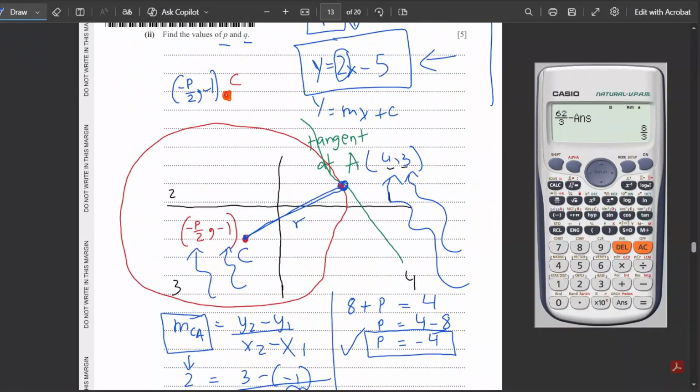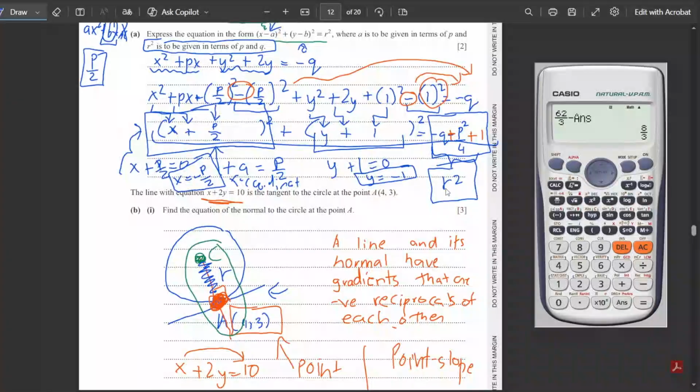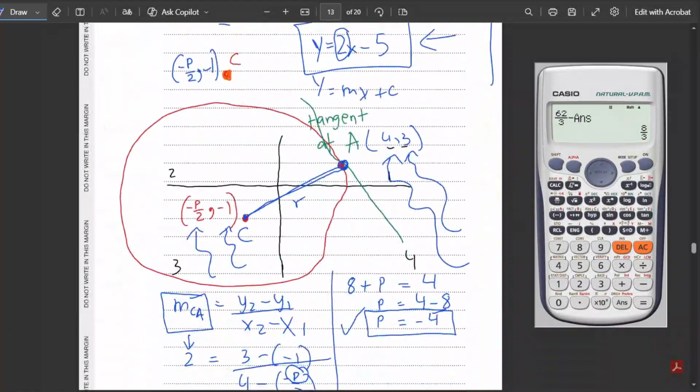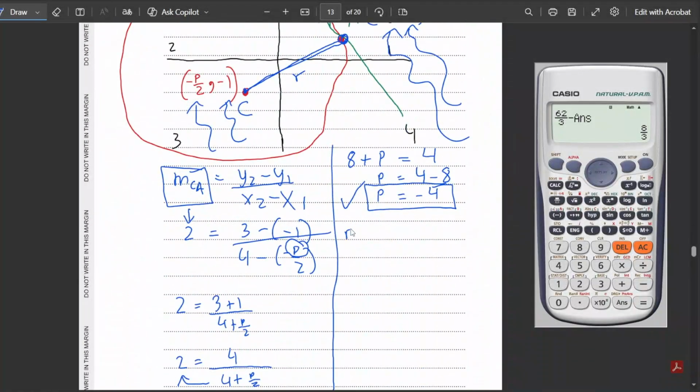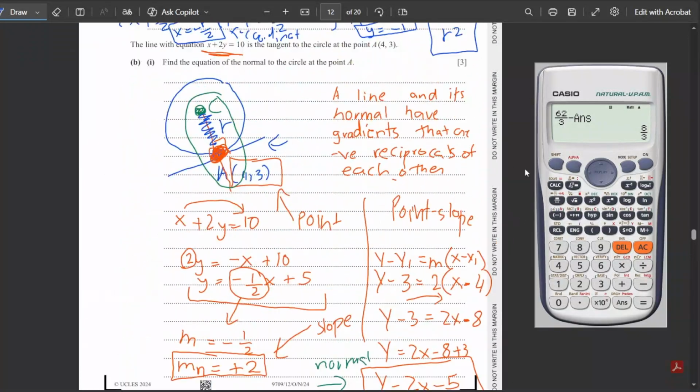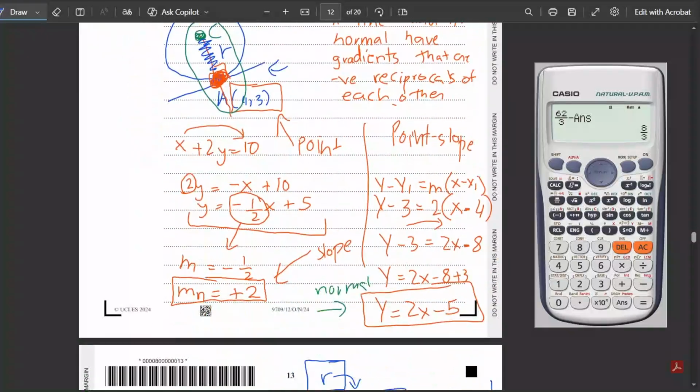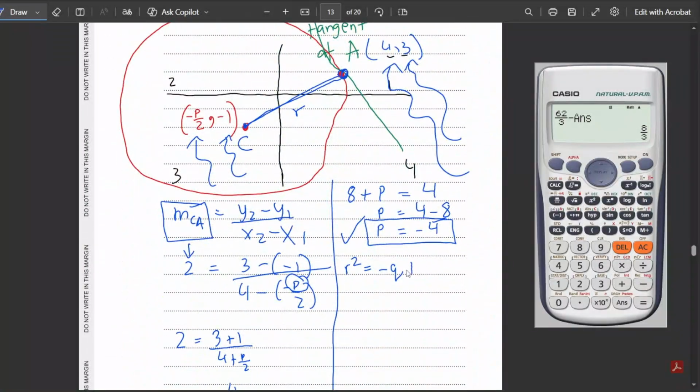How do I find the value of q? So check this out. Here's what the radius squared is equal to. The radius squared is equal to negative q, positive p squared over 4 plus 1. First of all, p is equal to negative 4, so instead of writing p squared, I can write negative 4 squared, and negative 4 times negative 4 is positive 16.